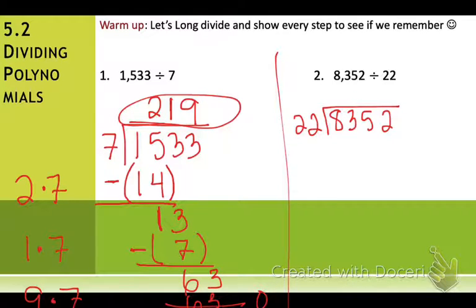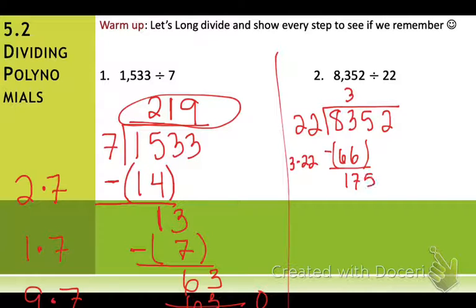So 22 does not go into 8, but what about 83? 22 goes into 83 3 times. Okay, I'm going to do the 3 times 22, and that's going to give me 66. Going to subtract that. So left over there is 17.